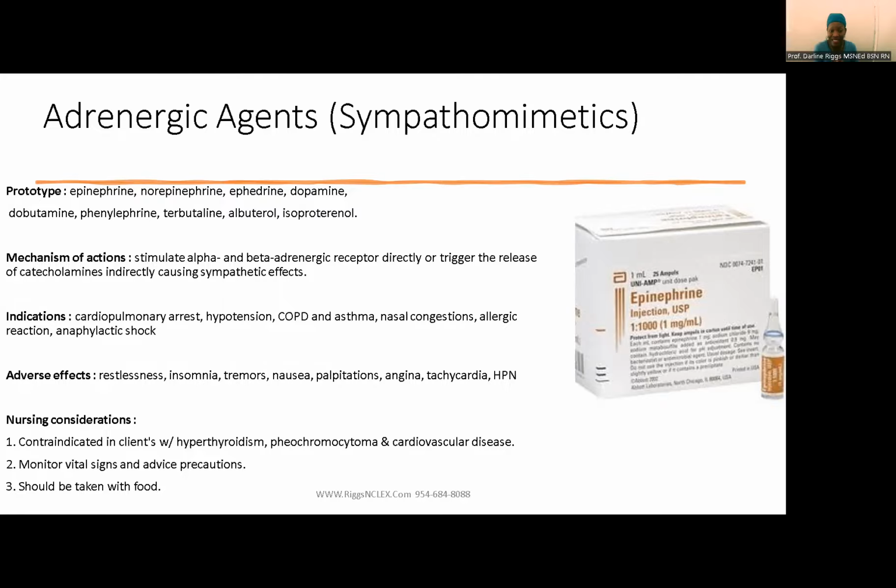Any client where the disease is causing hypertension, like pheochromocytoma, hyperthyroidism, your cardiovascular diseases, not a good candidate for these clients. And they do cause GI issues, which is minor, right? In the grand scheme of things of what we're talking about, that's a period, not a big deal.